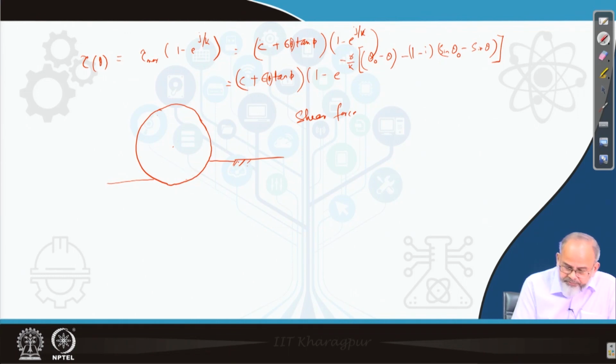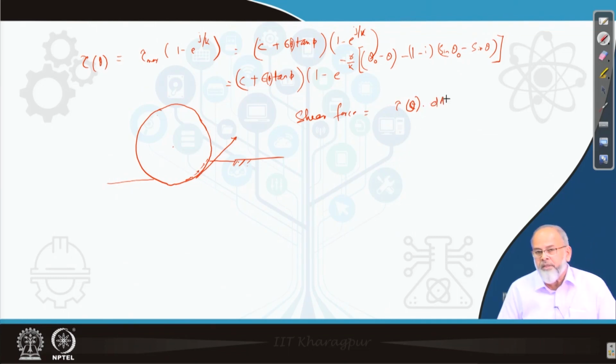So, I can write shear force will be equal to tau theta into, if you take a small element here, then elemental area will be dA.